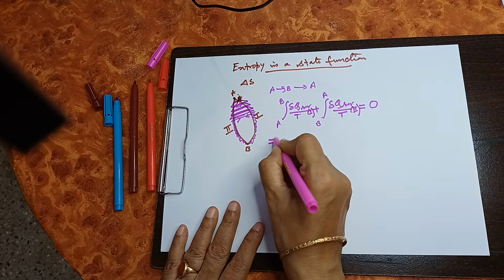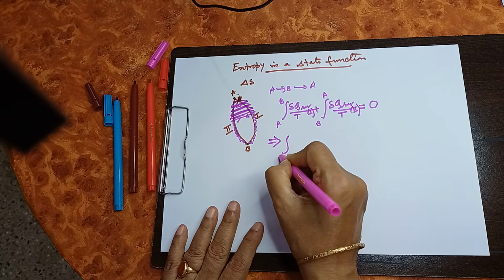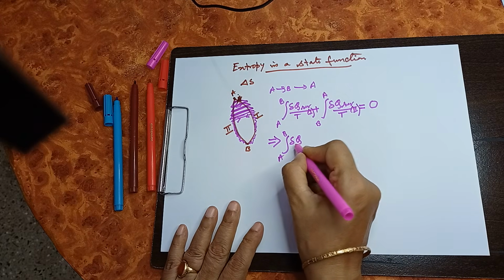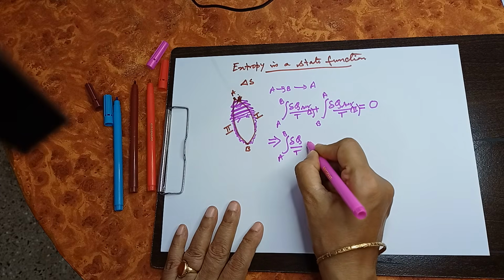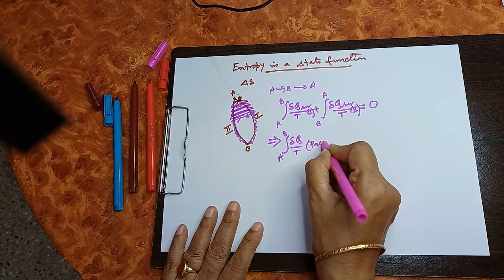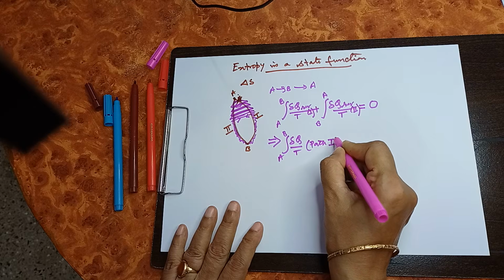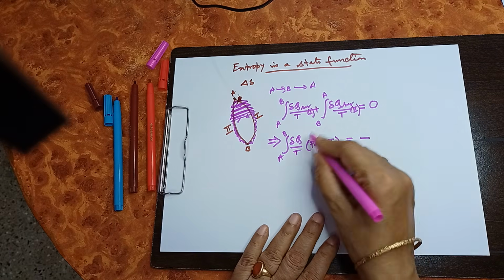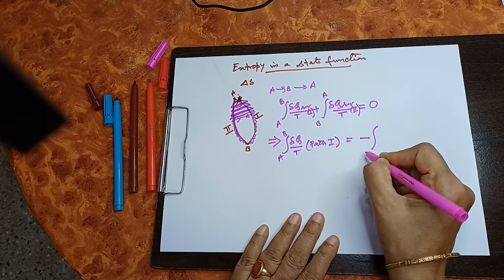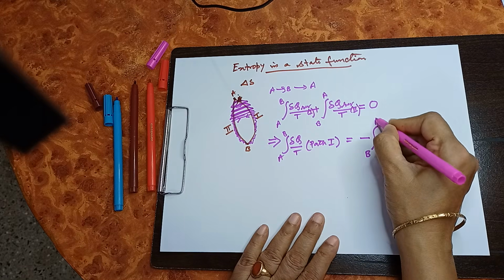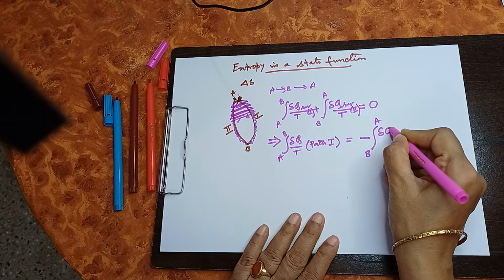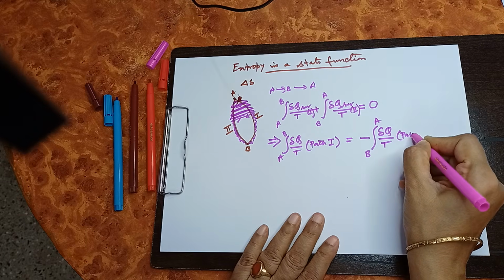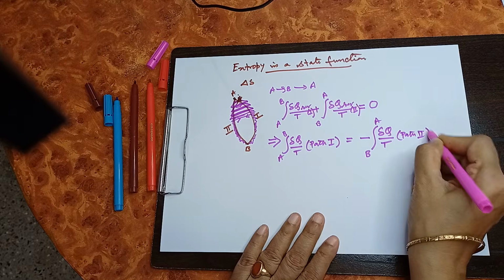From here I can write A to B del Q by T along path 1 is equal to minus, if I take it to that side, B to A del Q by T along path 2.